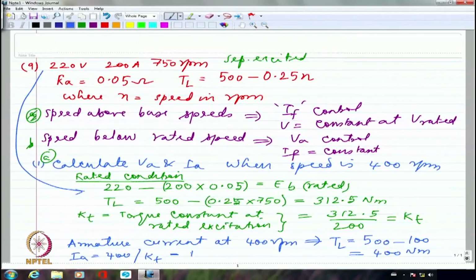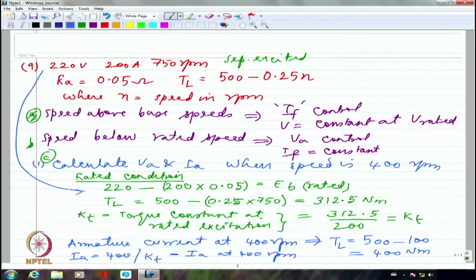So this is IA at 400 RPM for this particular load torque. The moment I solve for IA and I have the speed as 400 RPM, I should be able to calculate the value of VT. VT will be EB plus IARA.